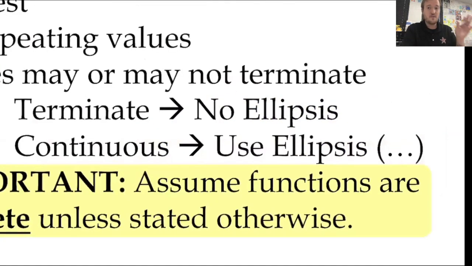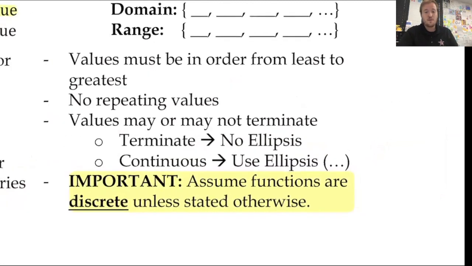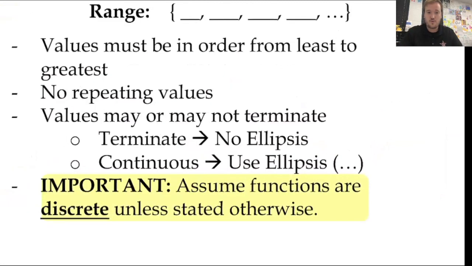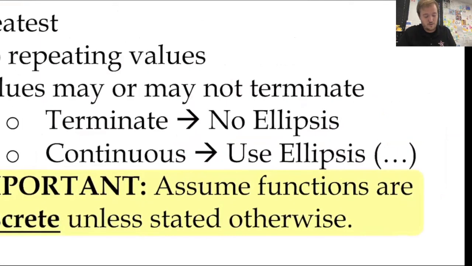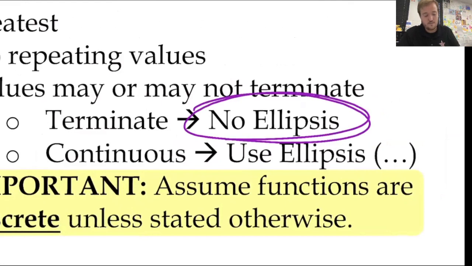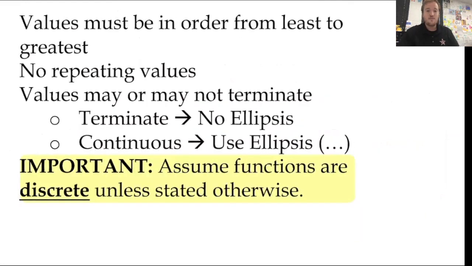However, if it does terminate, like if it eventually stops, then you don't want to use an ellipses or ellipse or ellipses, whatever. I don't teach English. All right, so a good example for a terminating one would be volume. So if you're filling up a pool, eventually the pool's going to be filled, which means eventually your function's going to stop, which means there's no ellipse or ellipses, whichever one. Okay.